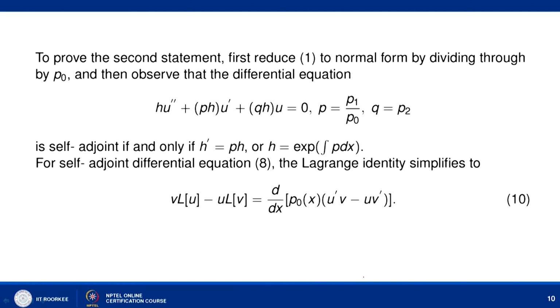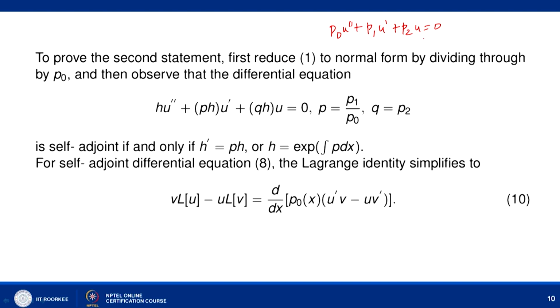To prove the second statement, we assume that our equation, that is P naught u double dash plus P1 u dash plus P2 u equal to 0, is not given in self adjoint form. So it means that P naught dash is not equal to P1. What we try to do here is multiply by some function, which we call the integrating factor.